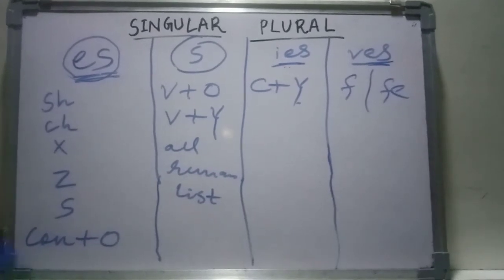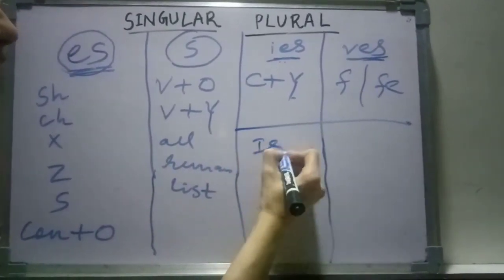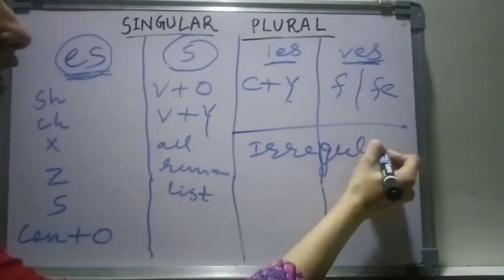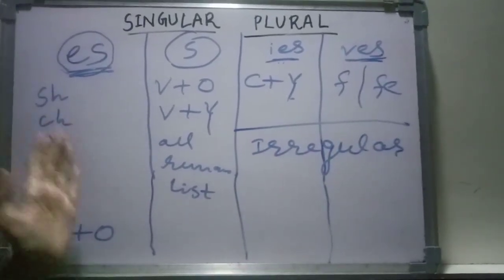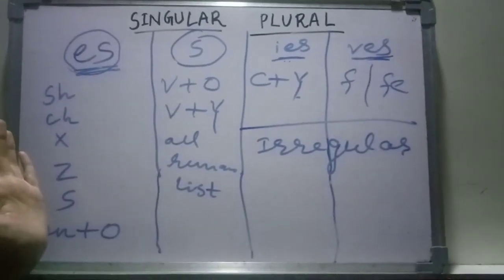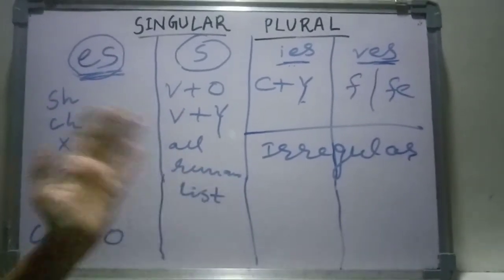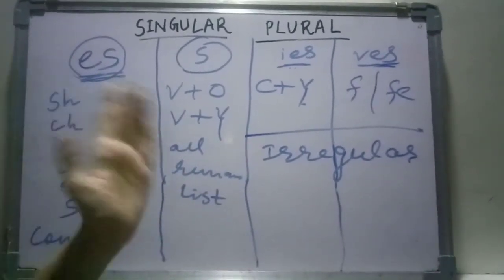Now apart from this we had learned about irregular words which were man becomes men, foot becomes feet, and tooth becomes teeth, woman becomes women, child becomes children, person becomes people.